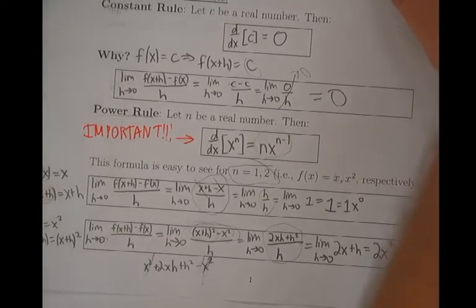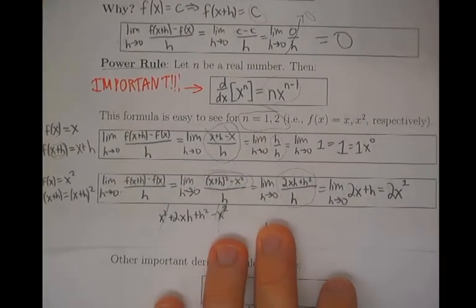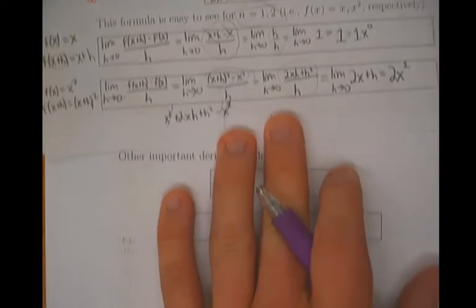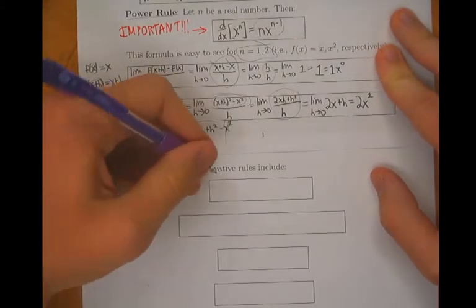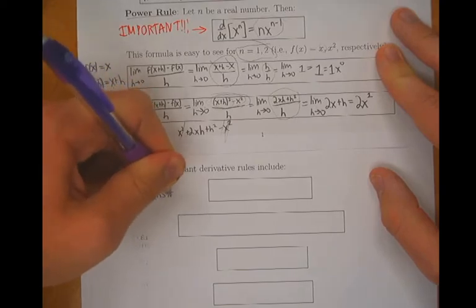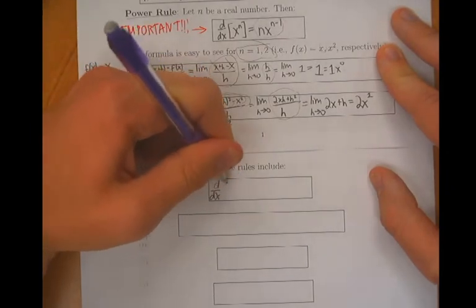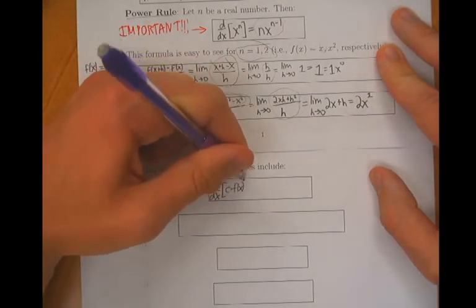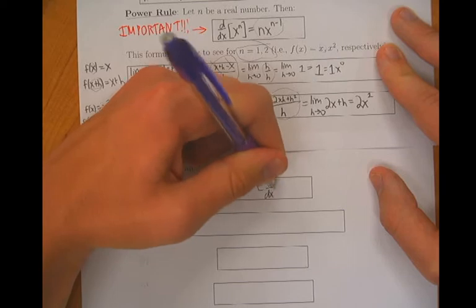So, page 2. Now that we have that taken care of, let's focus on some other derivative rules that we'll need to know. Okay, so other important derivative rules. The first one is that if c is constant, then the derivative with respect to x of c times whatever function is equal to just c times the derivative of f of x.